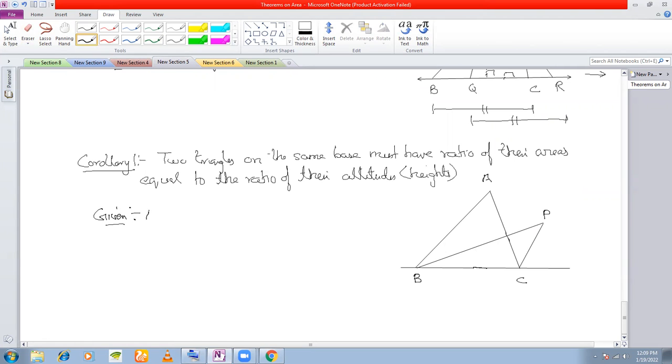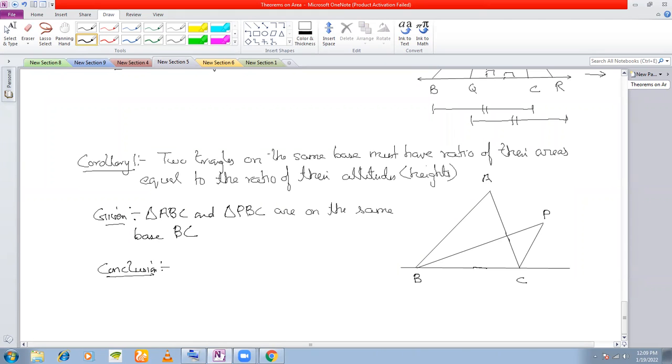If I give you triangle ABC and triangle PBC on the same base BC, then what will be your conclusion?